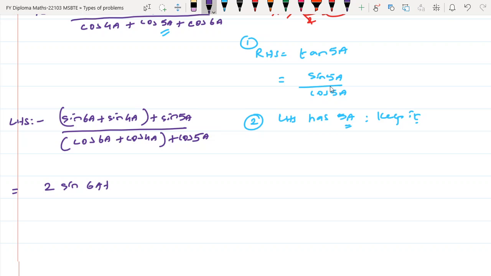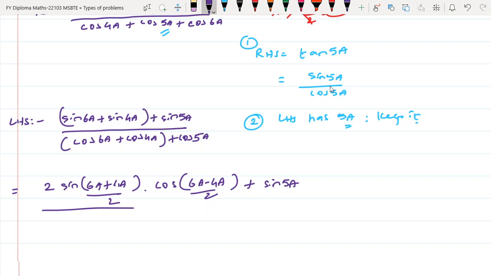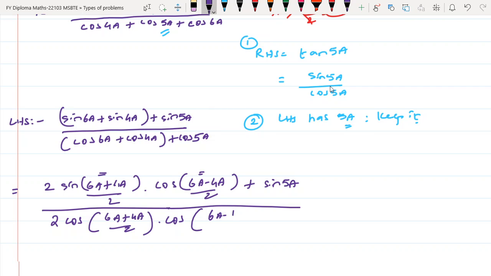6a plus 4a upon 2 into cos of 6a minus 4a upon 2 plus sine of 5a, the whole divided by, and since the angles are same, this portion is going to be the same, so you just have to replace with the cos function. 2 cos of 6a plus 4a upon 2, and again cos of 6a minus 4a upon 2 plus, you need to take this angle here, cos of 5a.